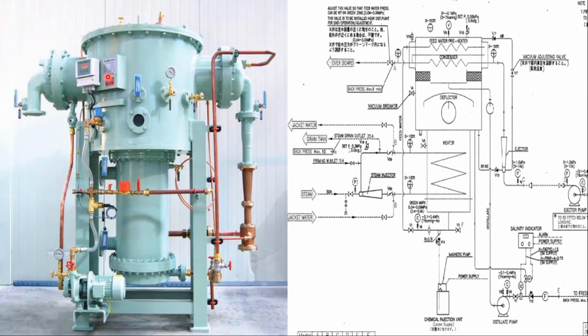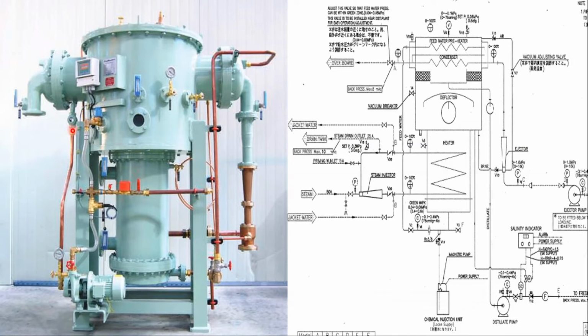Here you can see this is a salinity indicator which indicates the salinity of the produced freshwater. This is the shell temperature indicator thermometer, and this gauge is the pressure vacuum gauge. Here is the air vacuum breaker again, and this is the sight glass.